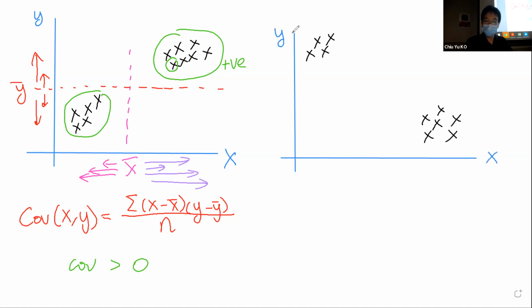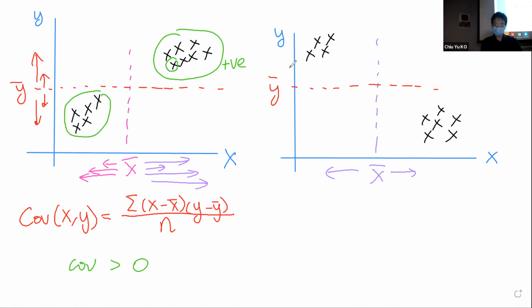Now let's look at the x bar and y bar. The x bar is here. I don't need to explain again: left and right equalize, the distances add up the same on the left and the right. Same here for y.